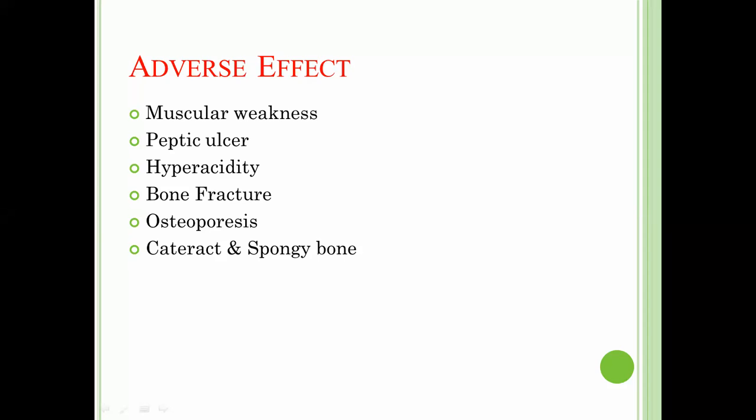So hyperacidity and peptic ulcer are from the action on the GIT tract, right? Then bone fracture. The next one, osteoporosis. What is meant by osteoporosis? Brittle and spongy bone, brittleness of bones. Then cataract.